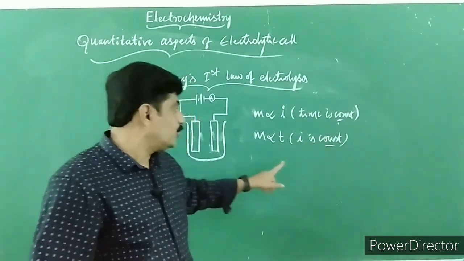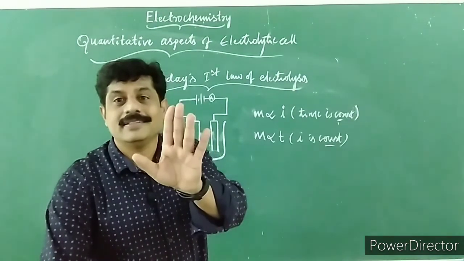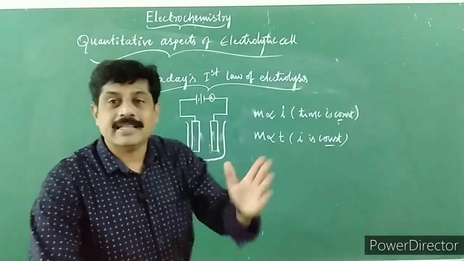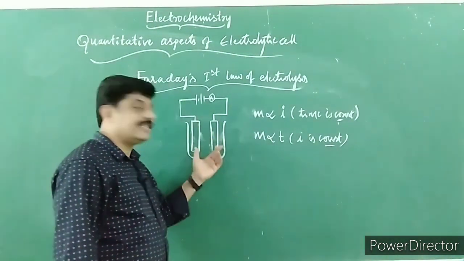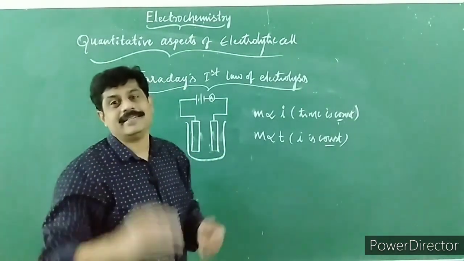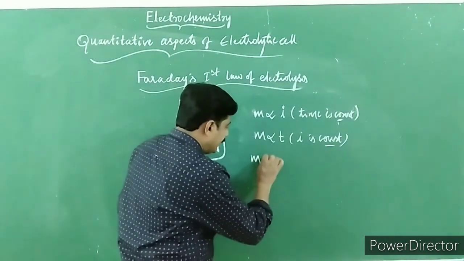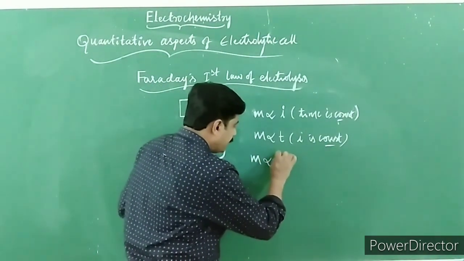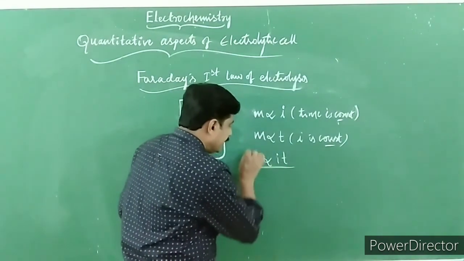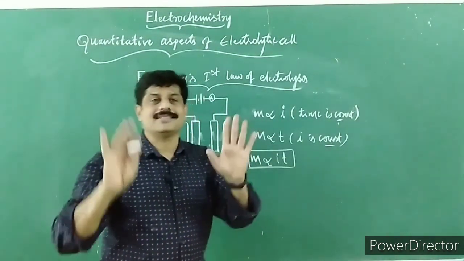Children, if both I and t are not constant, instead they are variables, then the mass of the substance electrolyzed in the electrolytic cell is directly proportional to current and time. Now, in terms of a mathematical expression, M is directly proportional to I and t if both current and time are variables.